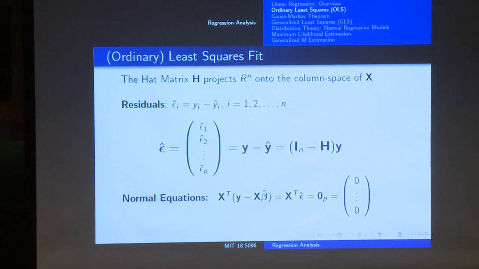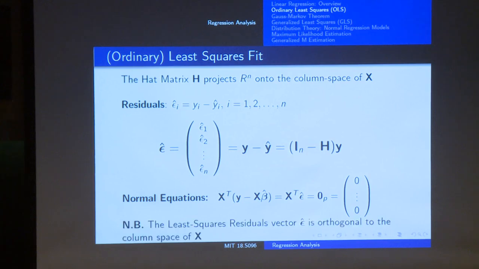That basically is X transpose epsilon hat equals 0. From the normal equations, we can see that the residual vector epsilon hat is orthogonal to each of the columns of X. You take any column in X, multiply that by the residual vector, and you get 0 coming out. So that's a feature of the residuals as they relate to the independent variables.